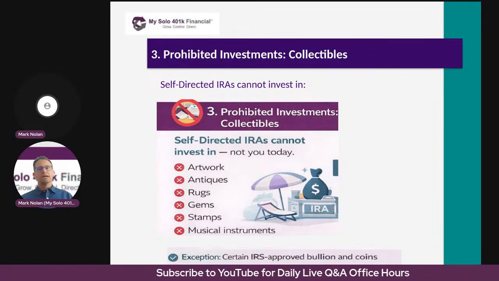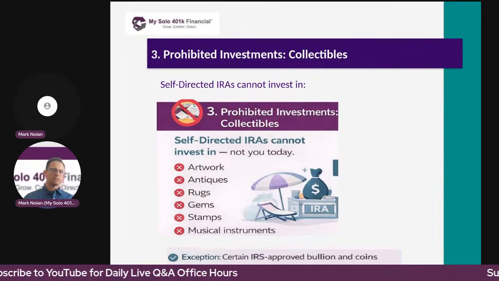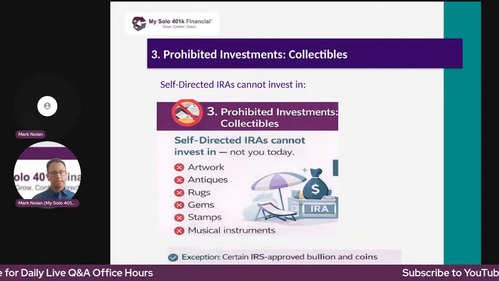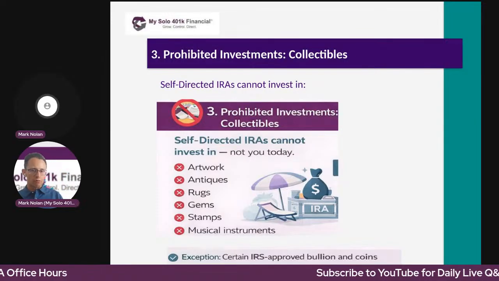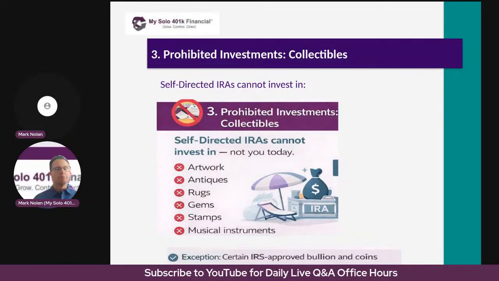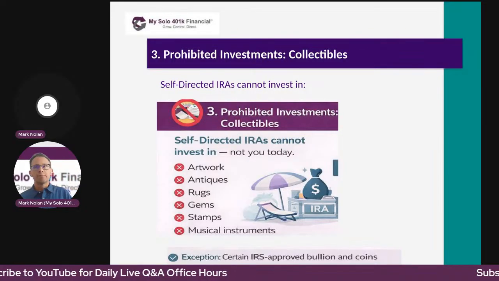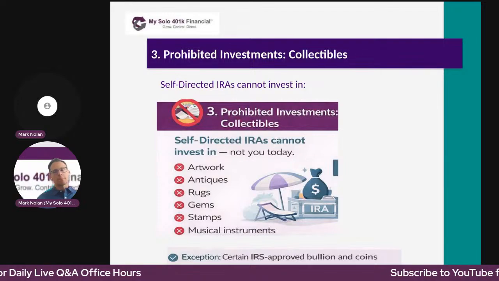The IRS does prohibit most collectibles. So a self-directed IRA, and the same rules apply to a solo 401k for that matter, are not allowed to invest in most collectibles. So what are some examples of prohibited collectibles?